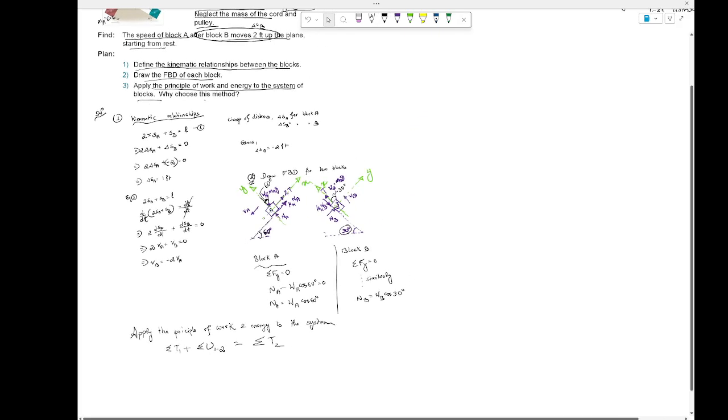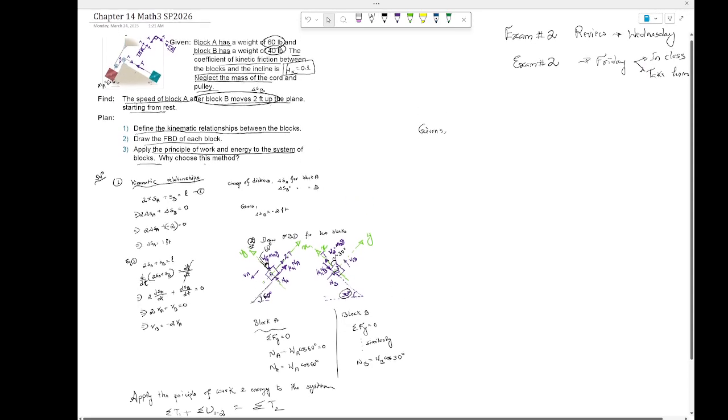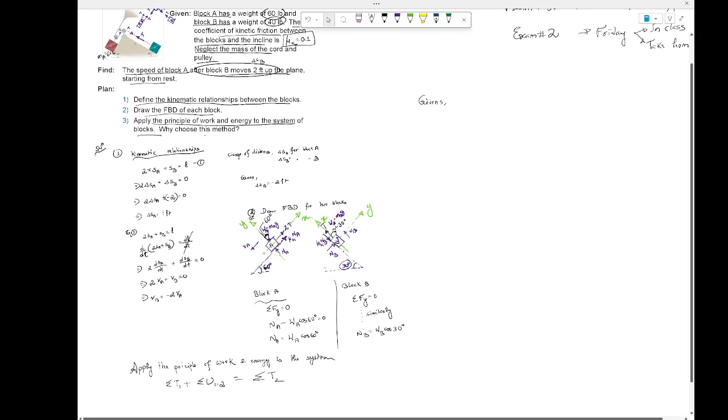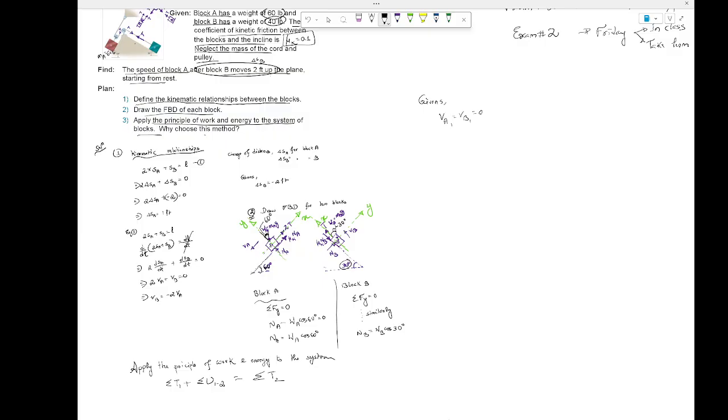So let me start with the givens. They said initially both of the blocks are at rest, right? So you can say, okay, vA1, vB1. So you can write it this way. Initially, both blocks are at rest.